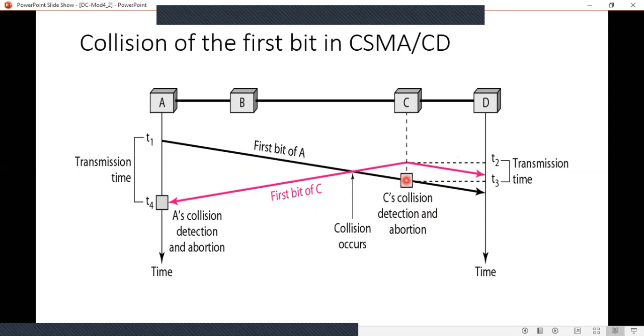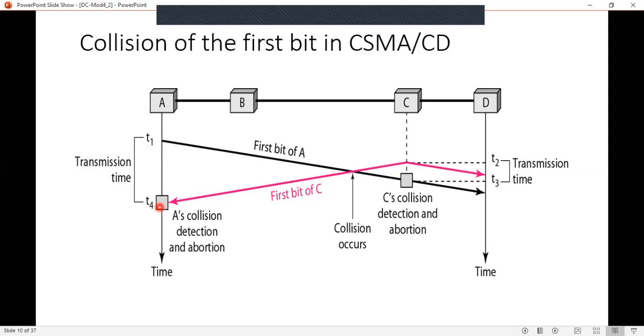Next at time t4, when C's first bit reaches A, A will come to know that there is a collision and it will drop its frame also.